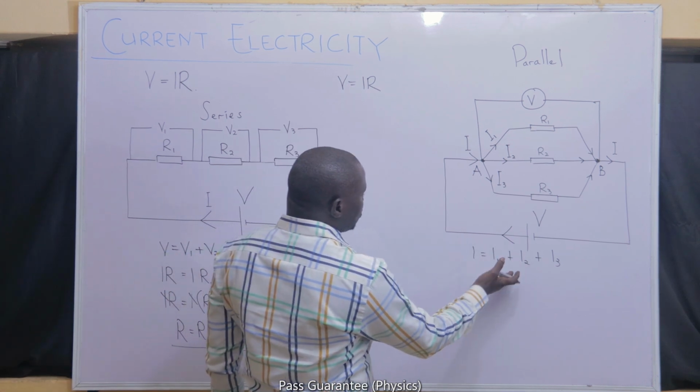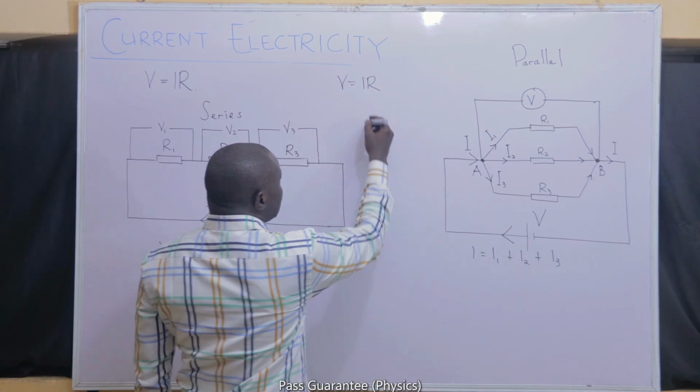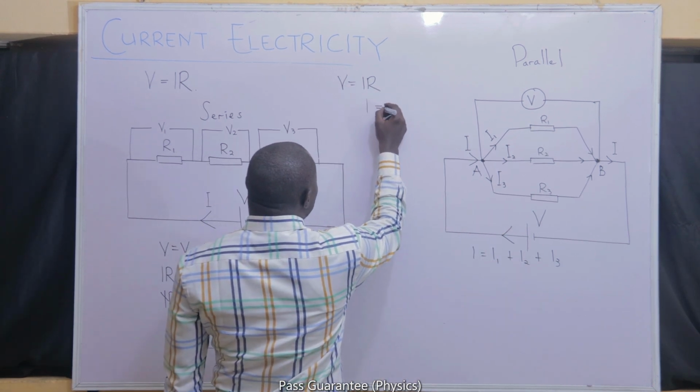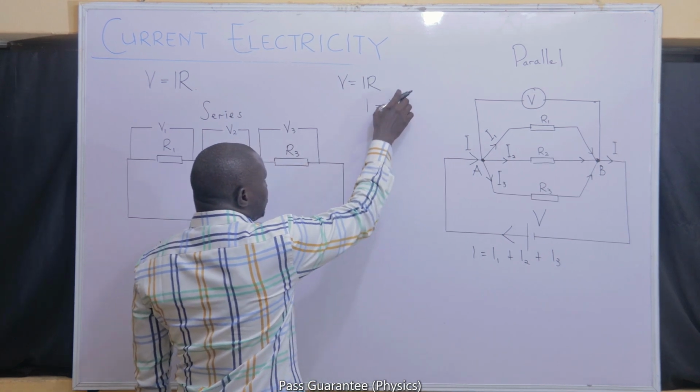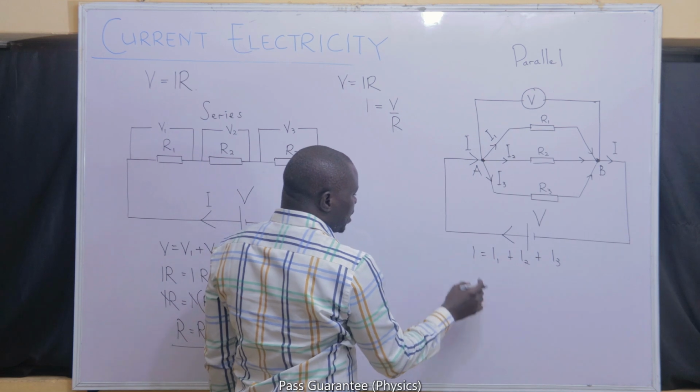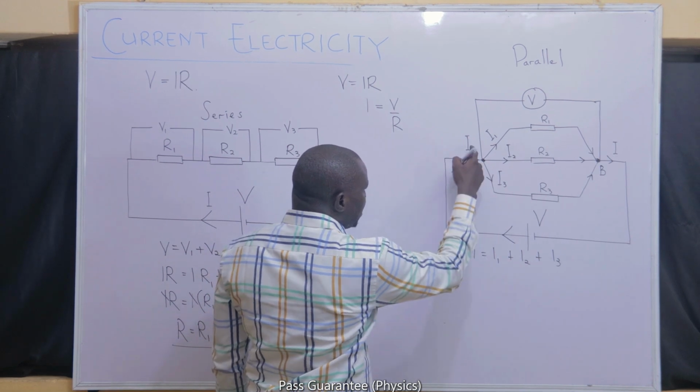Now I can also substitute for my current. I hope you know from this equation that current can be V all over R. So I'll substitute V over R for each of the current values that I have. This is the total current value that is dividing itself.